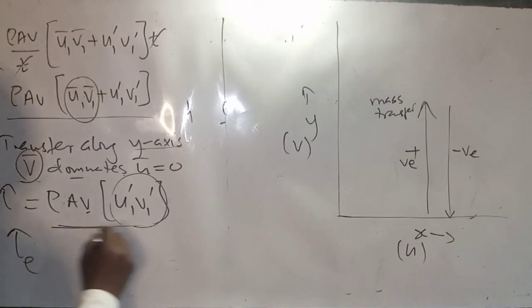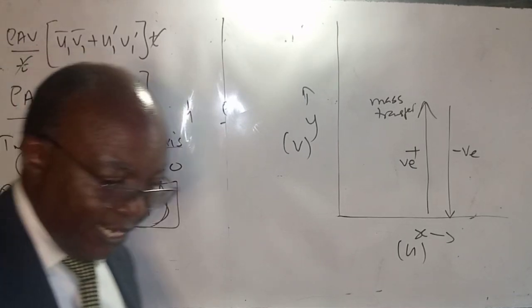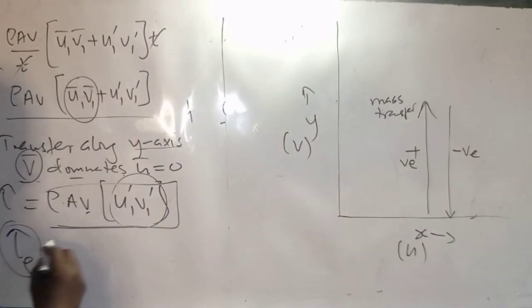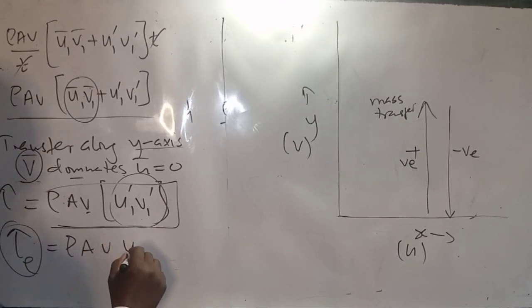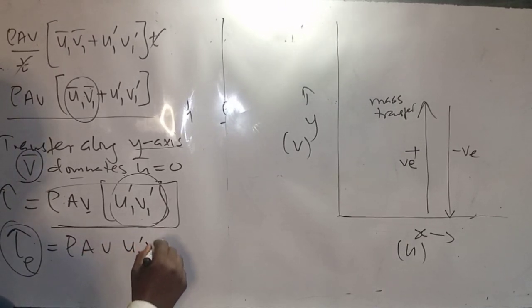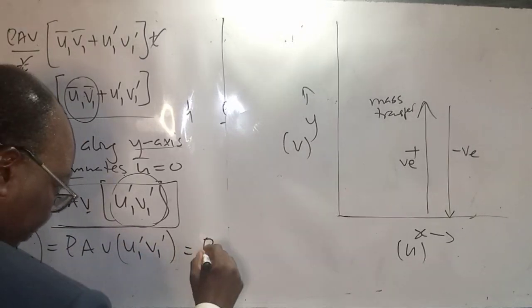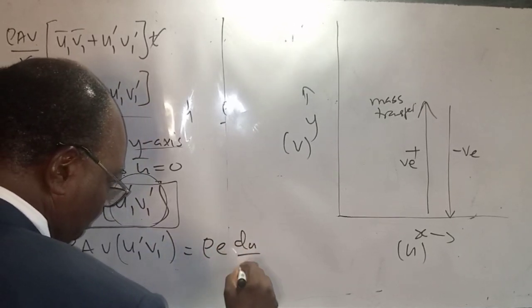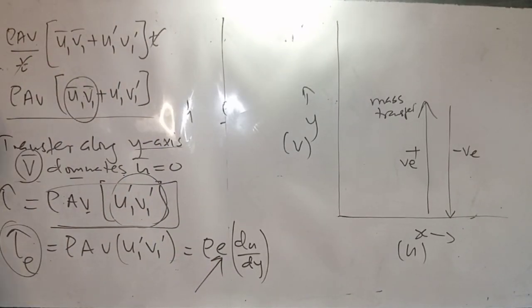So this our expression here is now the shear stress associated with these eddy currents. So we can say that is rho A v into u1 prime v1 prime, and that is equal to rho times the eddy coefficient times du/dy, which we can now call eddy diffusivity.